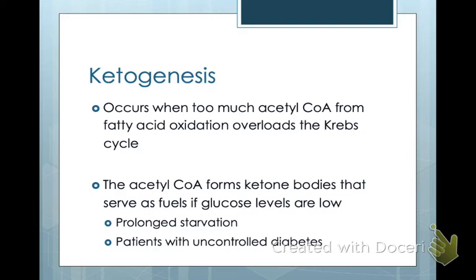This process supplies energy when our glucose stores are low, and it's actually how the keto diet works. So if your body does not have much carbohydrate, then your body's going to pull from your fat stores. And when it pulls from your fat stores, it's going to produce these ketone bodies.